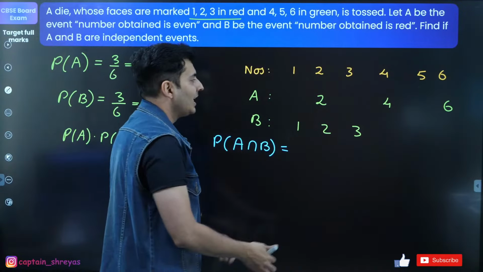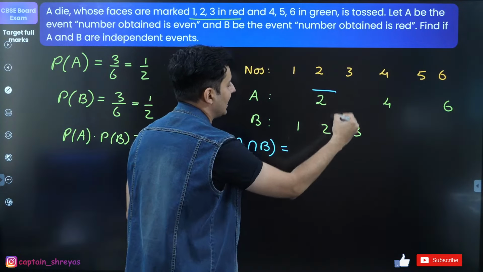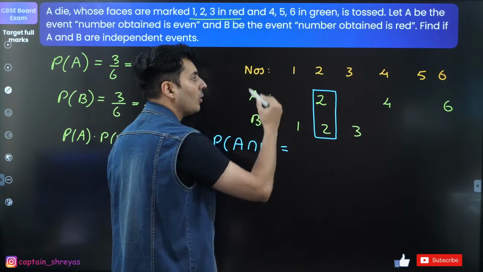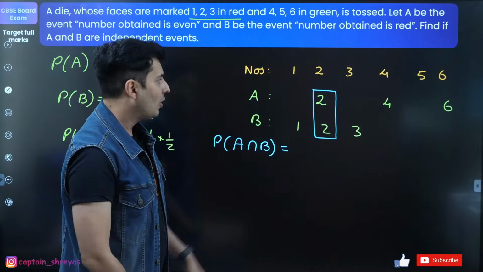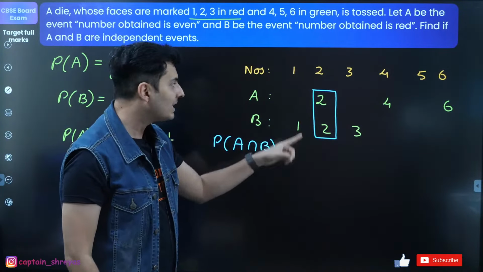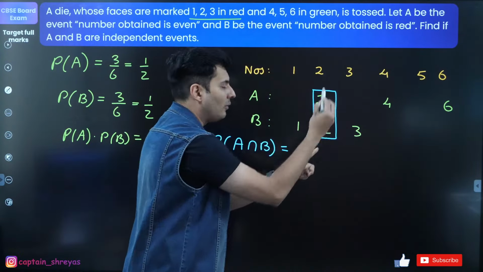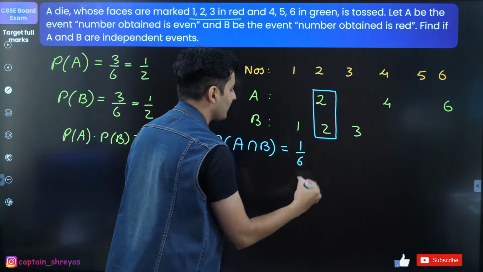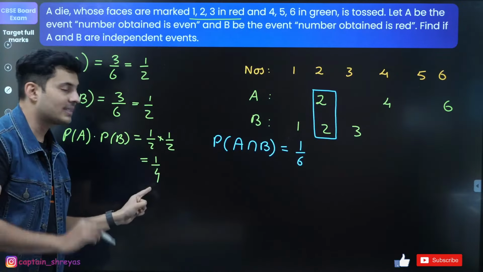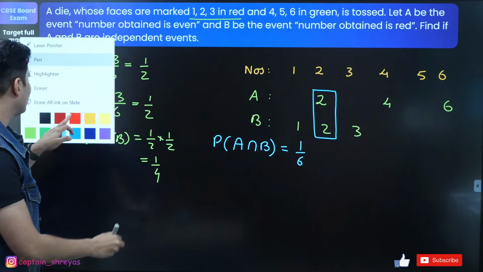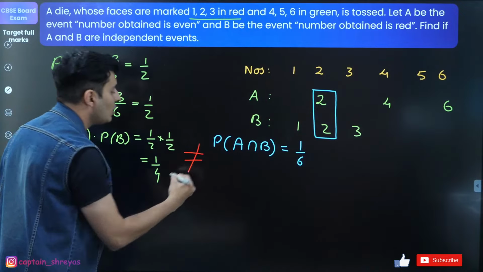So what is that? Look at this. There is only one such outcome out of all the possibilities where both of them are happening together. So that is 1 out of all the 6 possibilities. Now do you see this and this are not equal?